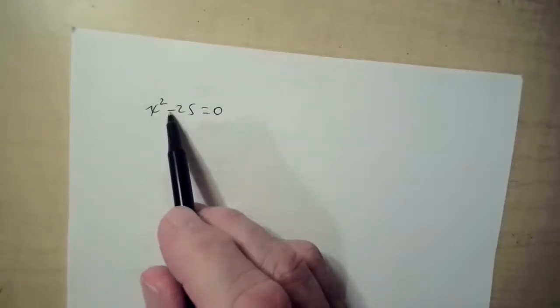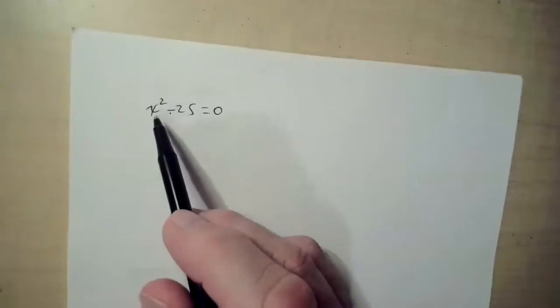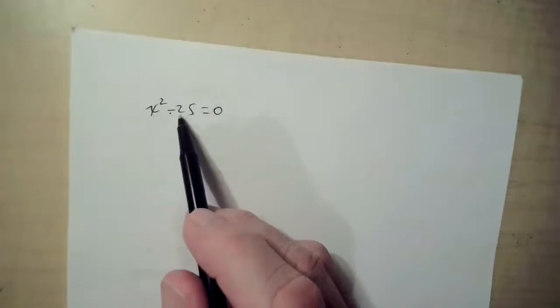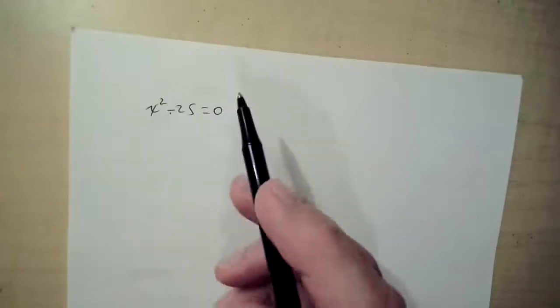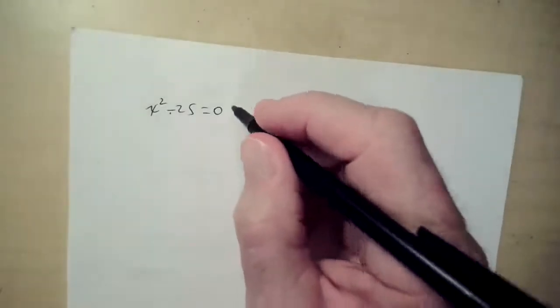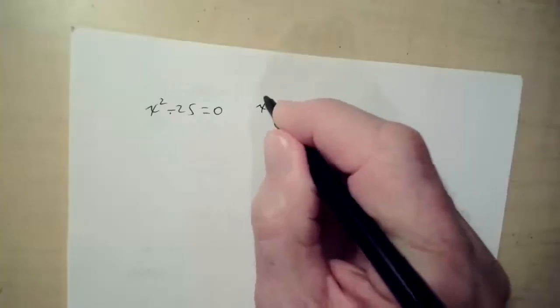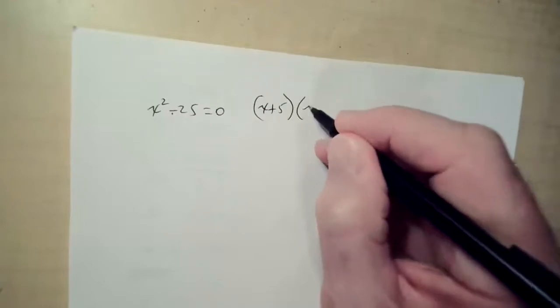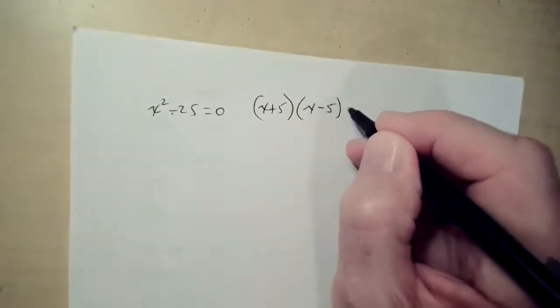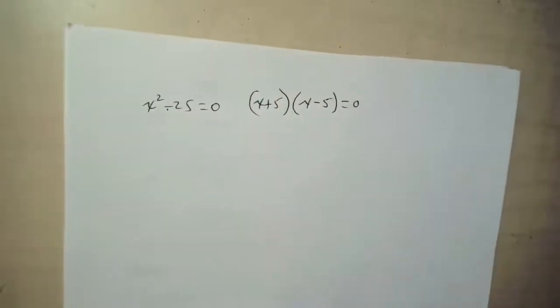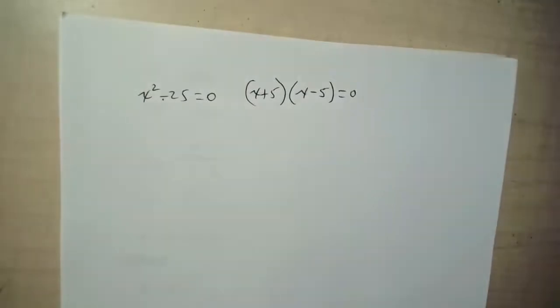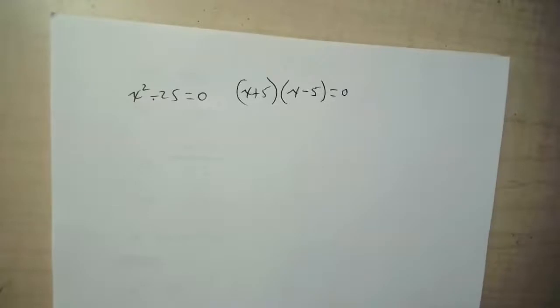It's the difference of two squares. And what we get here is x plus 5 times x minus 5 equals 0. Okay, we're going to use this conjugate more and more.